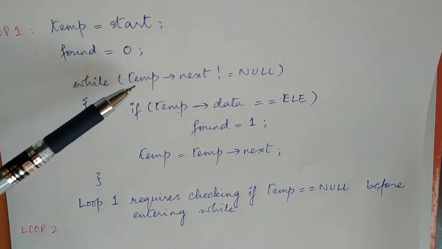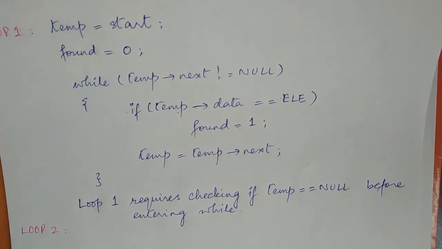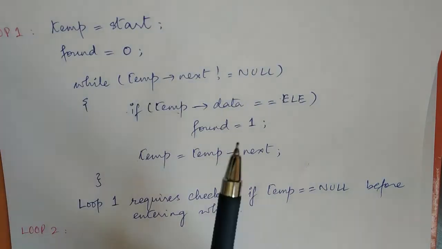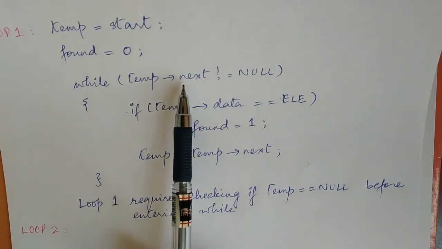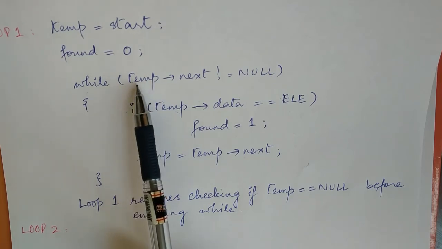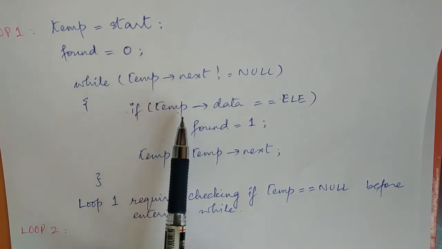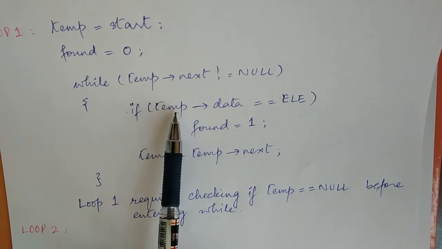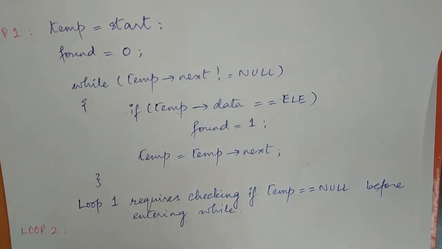So again, notice here, let's say I'm looking for the element 15. Okay, so in this kind of loop, it will exit the while when temp is pointing to 15. So you'll never get to check if 3000 to data is equal to 15.